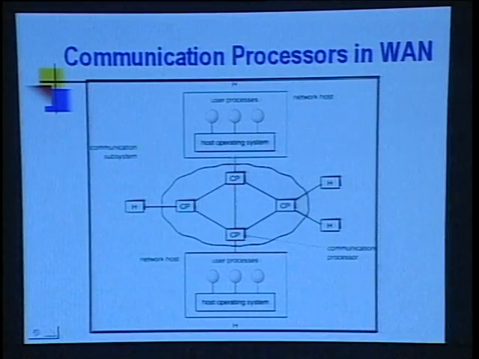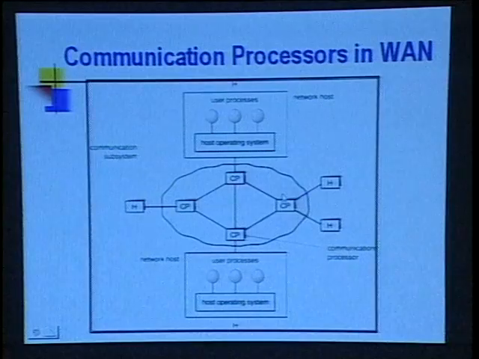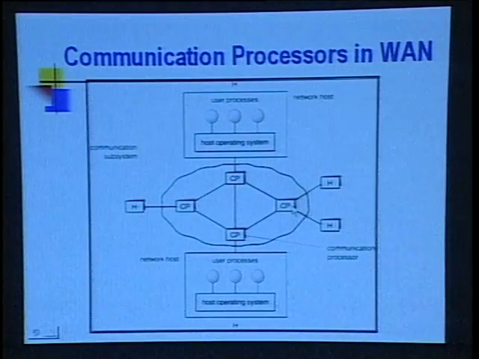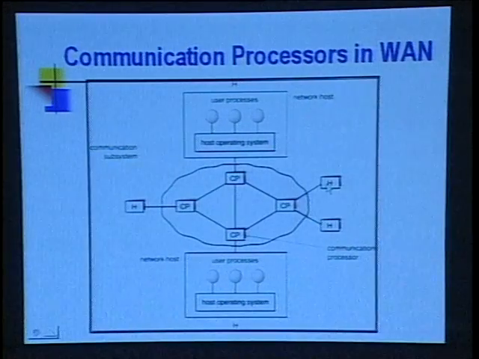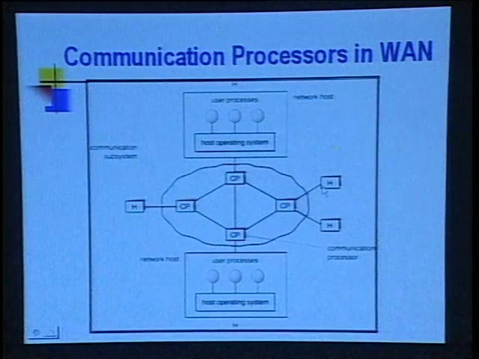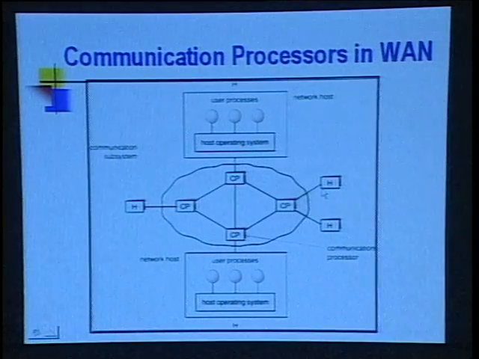We have to have a network from our site to the telco site. The communication processor here travels over the telco network to the communication processor at a different site, and then again our host at a different location, let's say in Lahore. This is how the communication processors in a WAN are located and how they function.